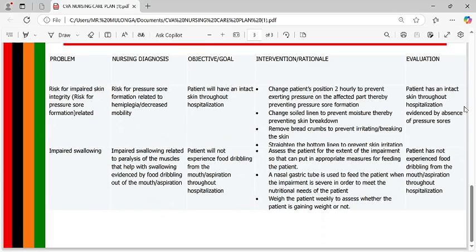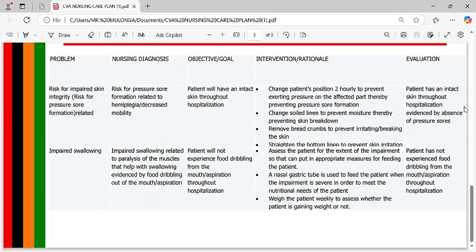So we need these specialists to assess and look at how they are going to help our patient. So those are some of the points that we can include under impaired swallowing. We go to the evaluation.